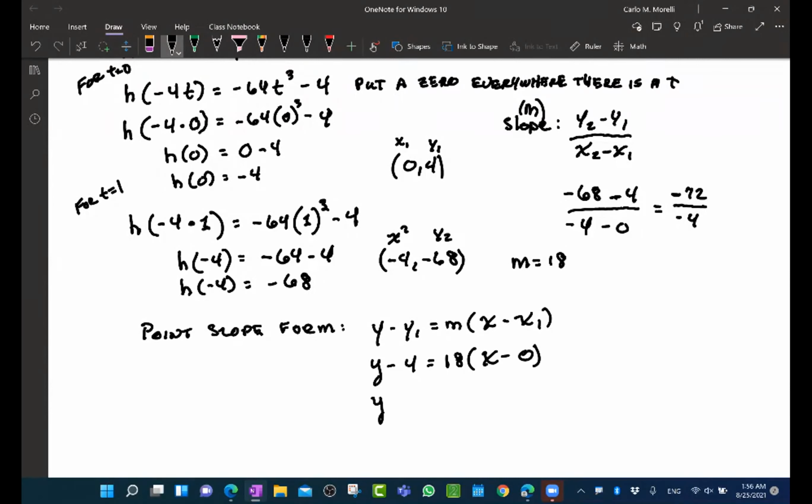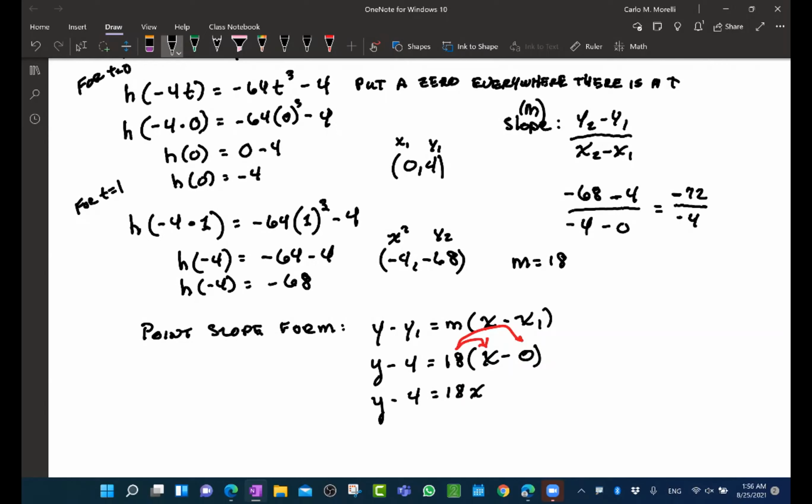So I have y minus 4 equals, now I'm going to distribute the 18, 18x, and 18 times 0 is 0, so we'll just leave it.